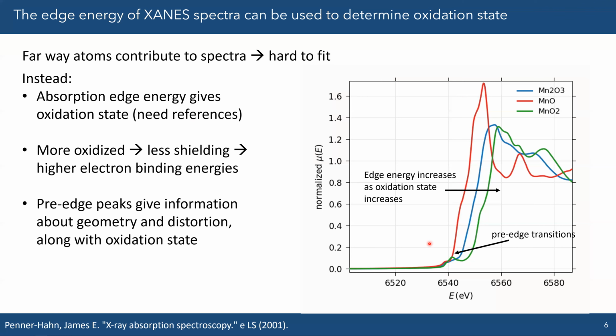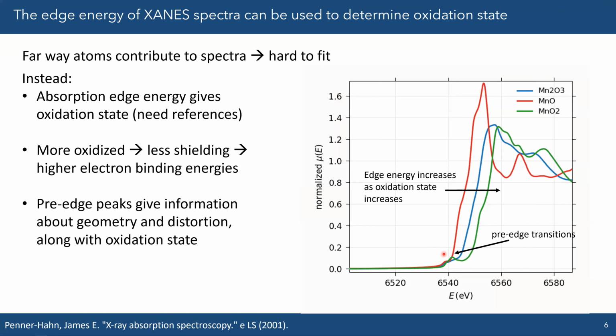But we also have what are called preedge peaks. If you see down here, there are little bumps before this big bump, and those are called preedge transitions. These can also give oxidation state based on where they're located, but they can also give qualitative information about the geometry and distortion around your absorbing atom.